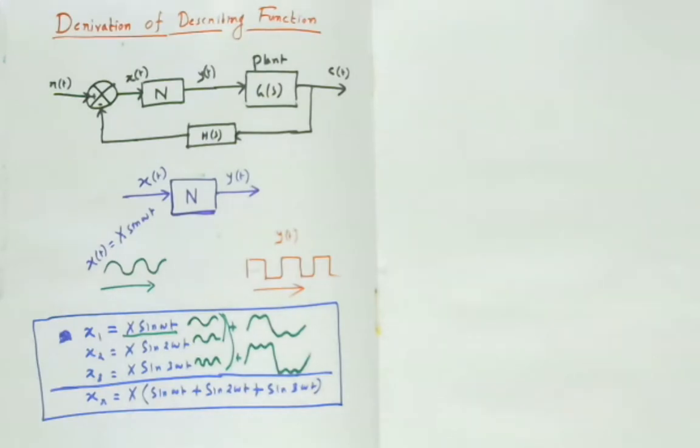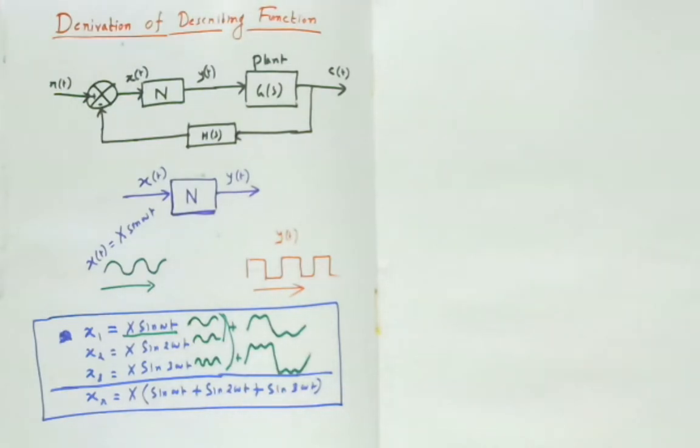You only have to check whether odd wave symmetry, even wave symmetry or any kind of symmetry is there in the waveform, to apply Fourier series and get the Fourier constants. But the point is that if you apply Fourier series to the square waveform, you can find the fundamental component as well as the harmonic components.